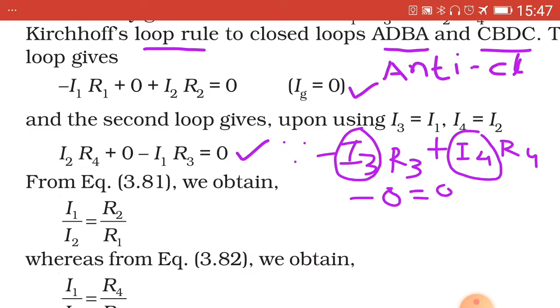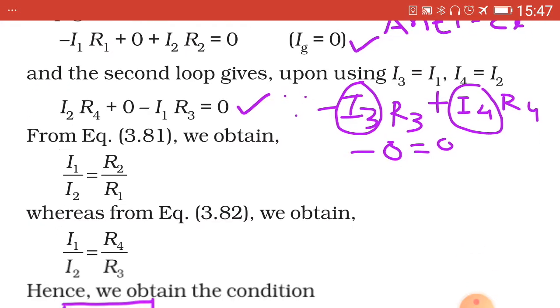So therefore we get I1 upon I2 equal to R2 upon R1 from the first equation, and similarly from the second we get I1 upon I2 equal to R4 upon R3.